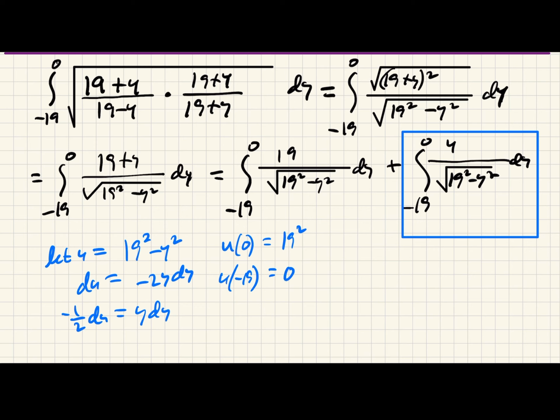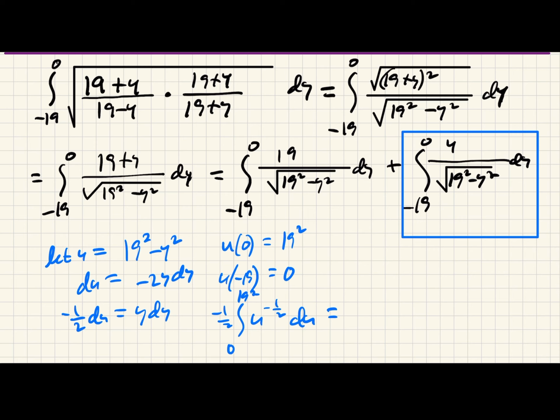So what do I really have here? Then I have the integral from 0 to 19 squared of minus 1/2 u to the minus 1/2 du.